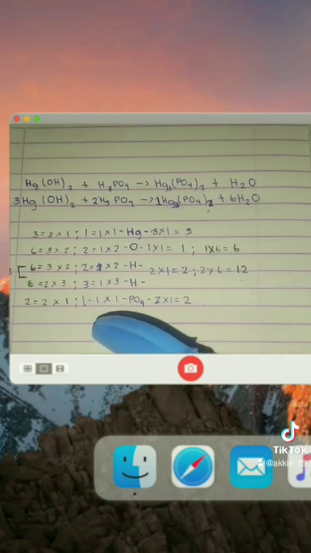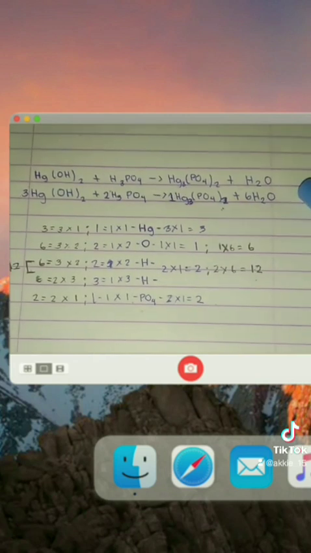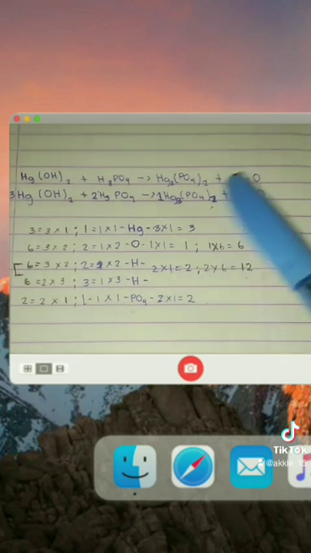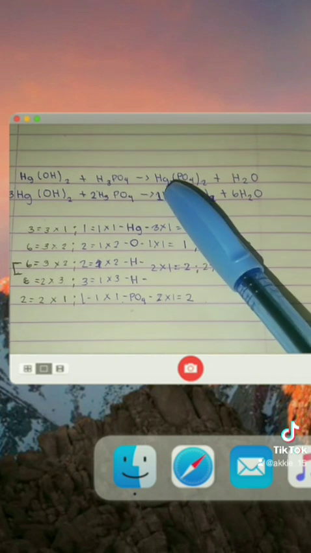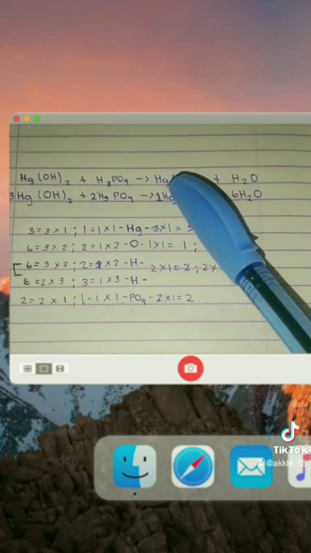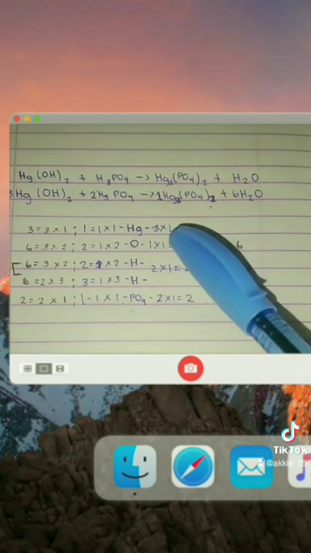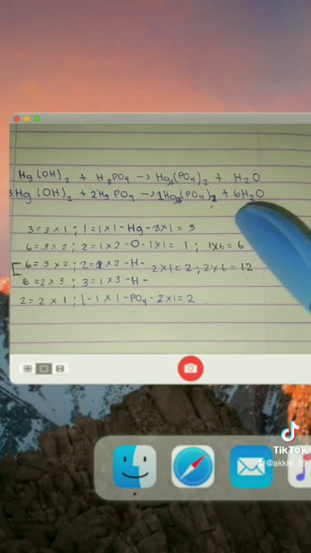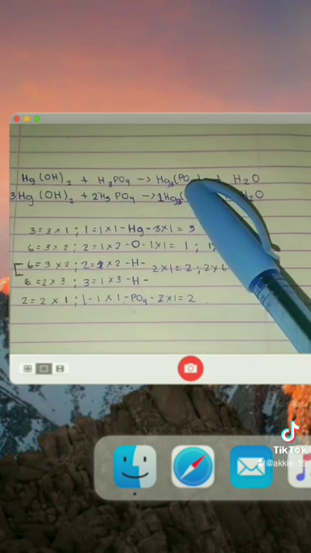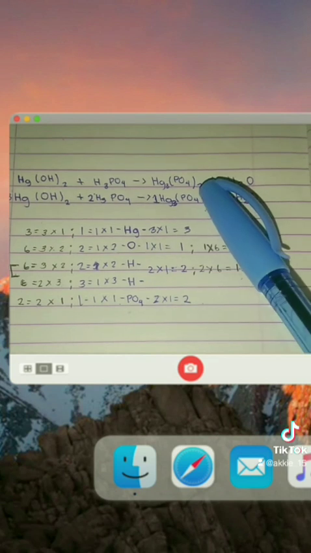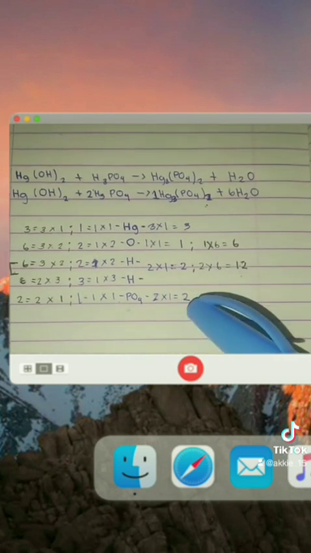Let's proceed to the product side. For mercury on the product side, we have a subscript of 3, so 3 times 1 equals 3. Then our phosphate, we have 2 phosphates here, so 2 times 1 equals 2.